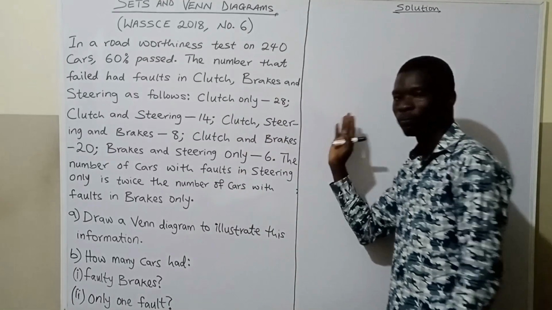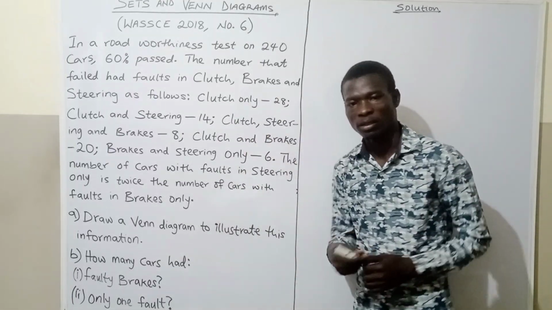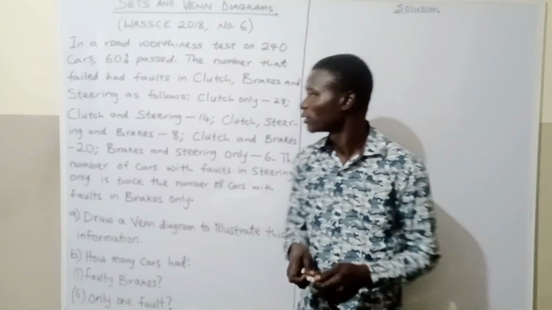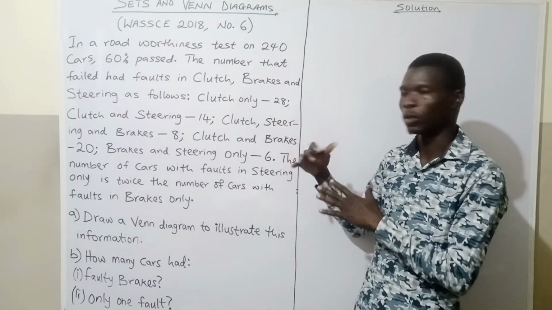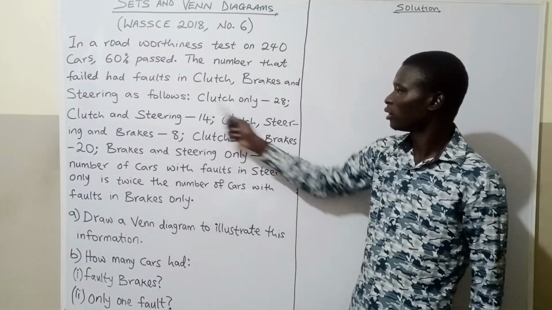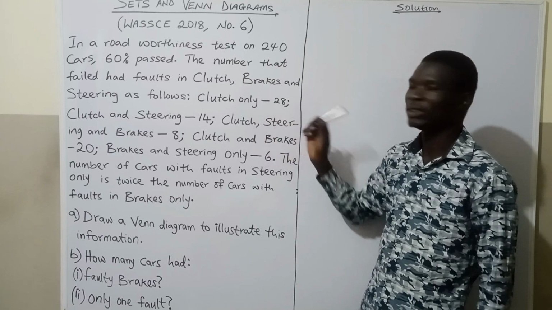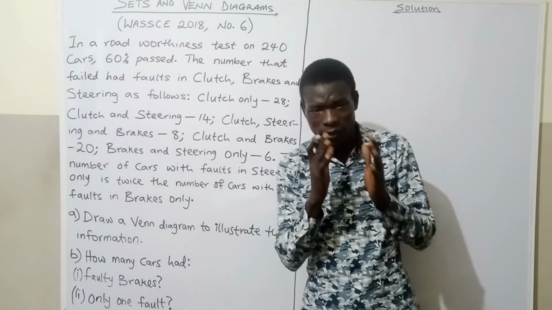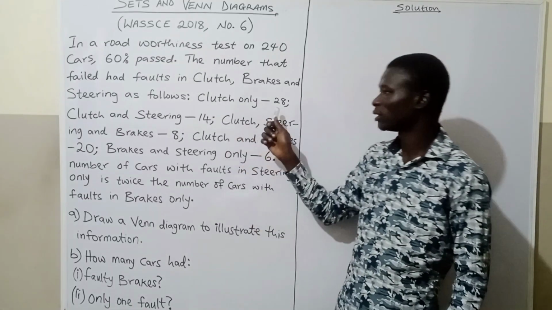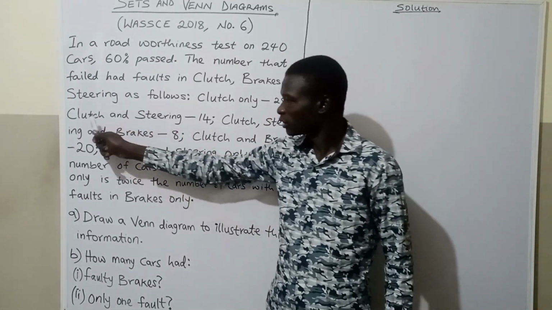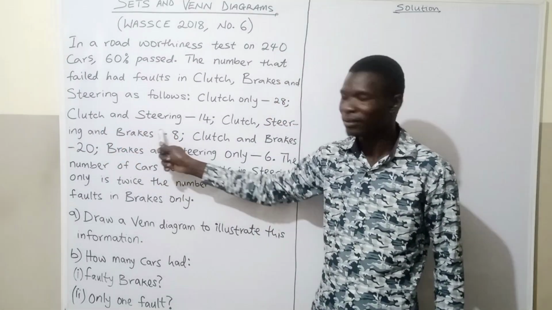Now, these are how their faults go. Clutch only, 28 cars. Those that had fault in clutch and steering, 14.